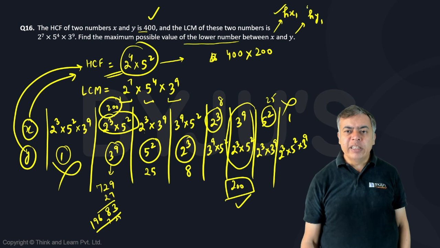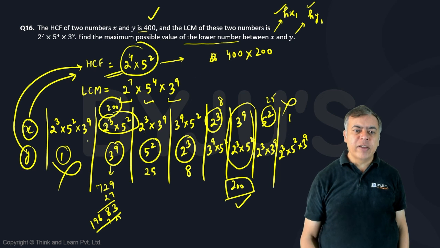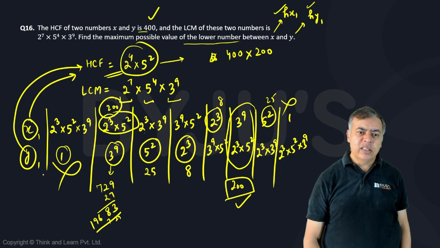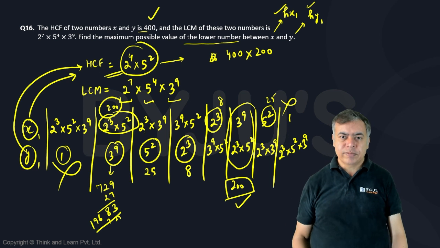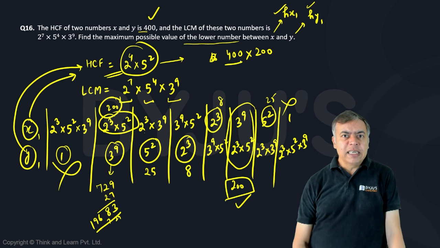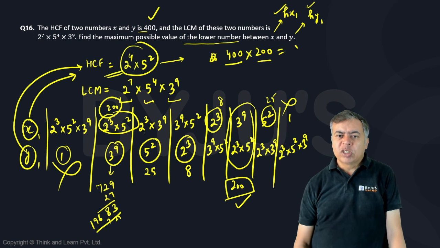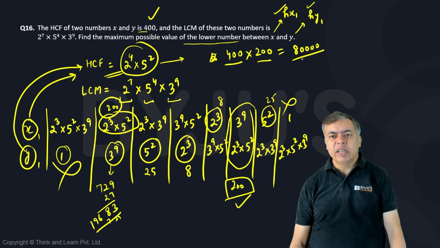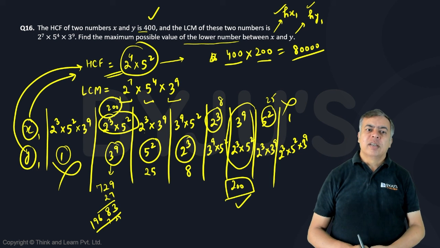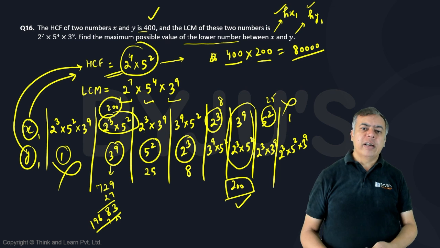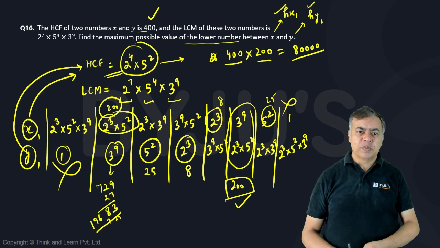H is already there, HCF is there, x1 and y1 I have written here. These are the possibilities for x1 and y1, that means apart from the HCF. So 400 was HCF and 200 apart from HCF. So this becomes 80,000. 80,000 is the lower value out of x and y, where the HCF can be 400 and LCM can be the given value.